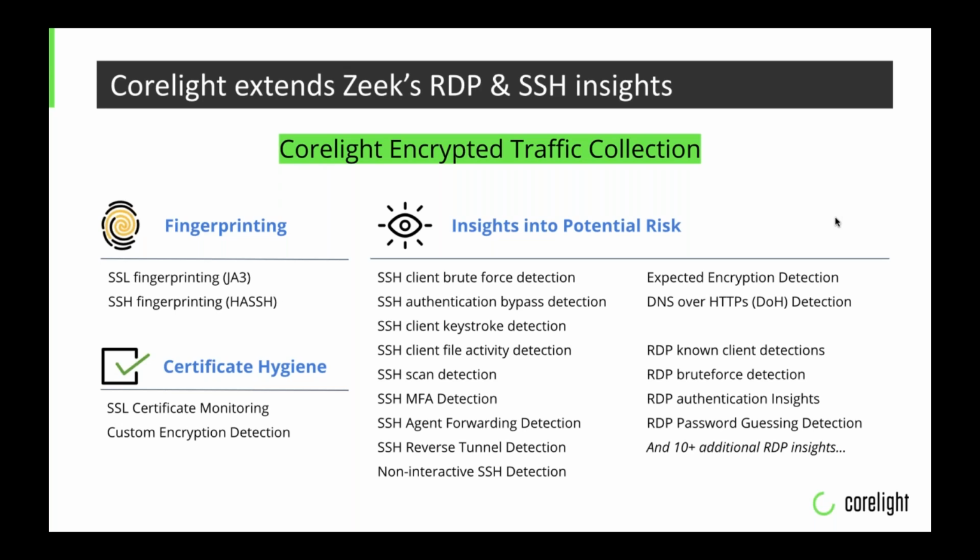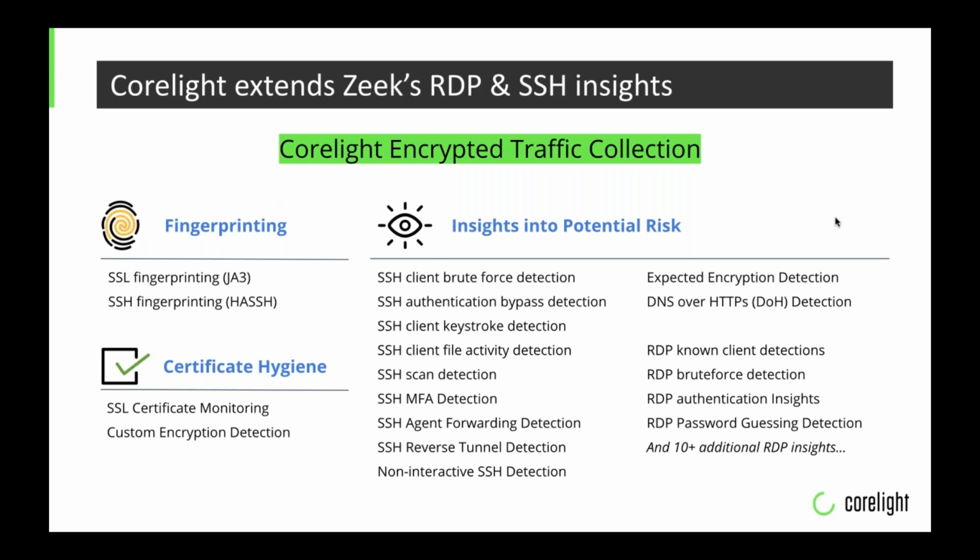And we want to recognize great work where great work has been done and make it easy for our customers to directly install those open source packages from our platform. But the majority of this collection, north of 80 to 90% of this collection, is proprietary insights that Corelight has developed using Zeek's scripting capabilities to really go deep around encrypted traffic, and specifically around RDP, SSH, and SSL traffic.